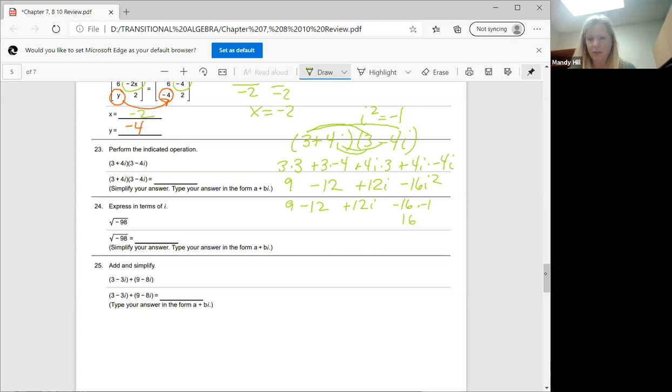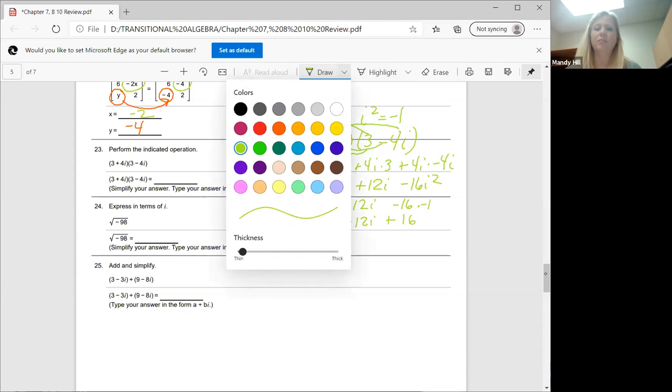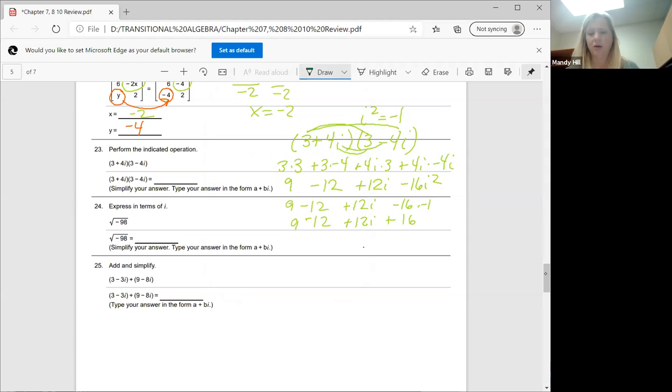So this really ends up being a positive 16. So we could actually combine all of our numbers that are like terms. Here we have a 9 minus 12. 9 minus 12 is -3. Plus 16 is going to be 13.